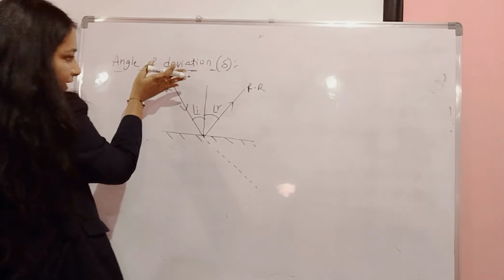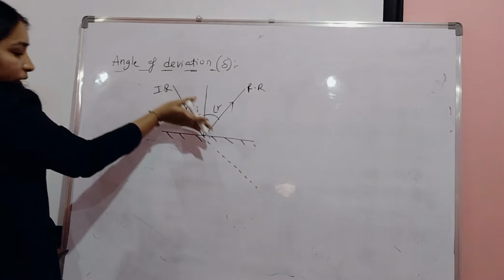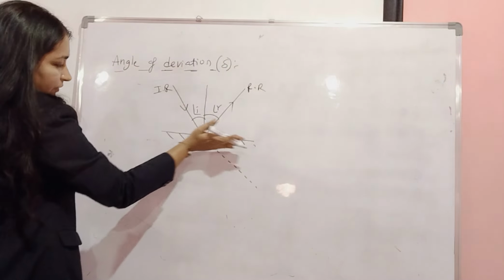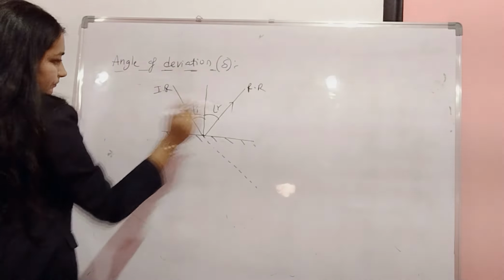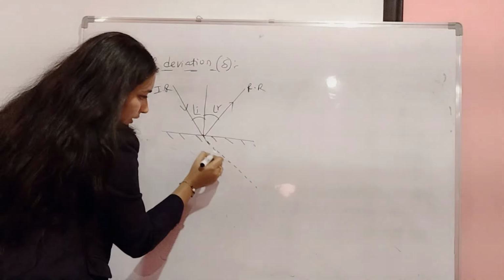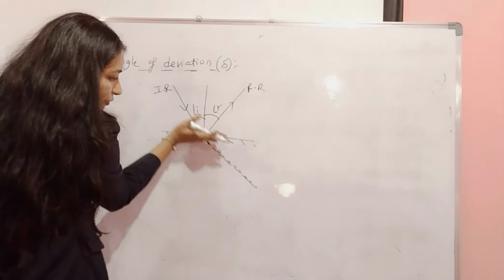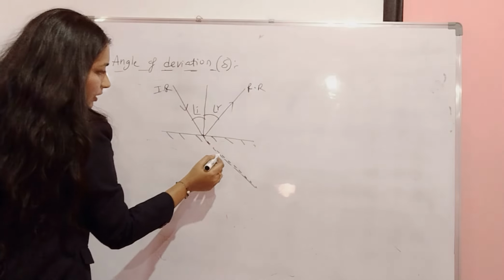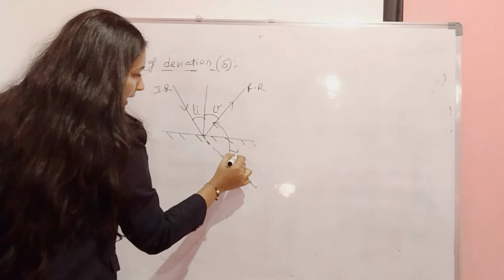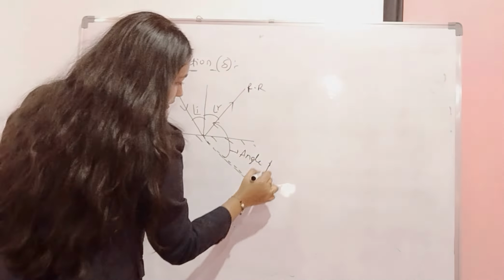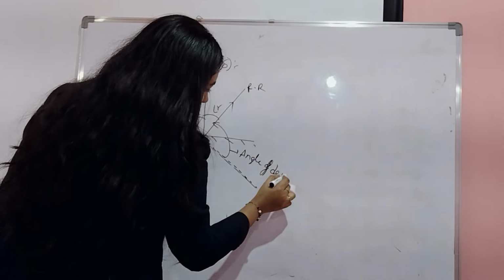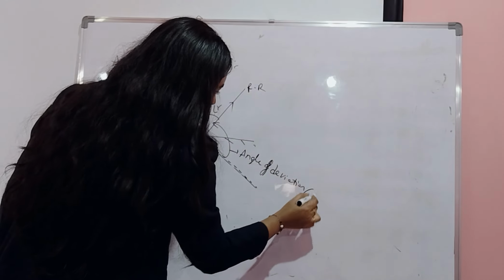So the light ray has to go in this direction, but because of this mirror, it is deviated. So this is the original direction of the incident ray. How much it is deviated from its original direction, that is known as the angle of deviation, delta.